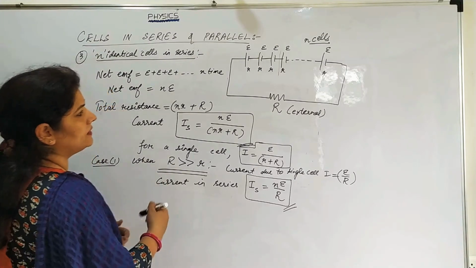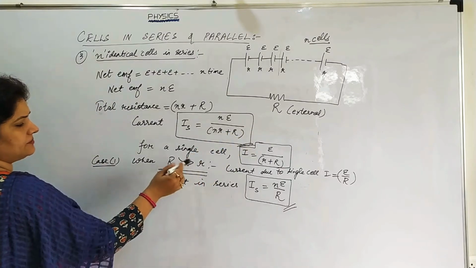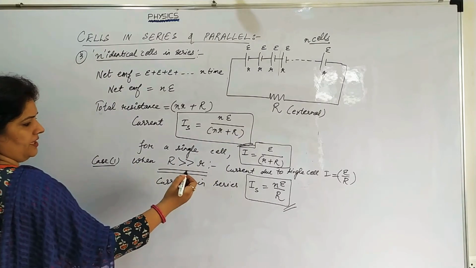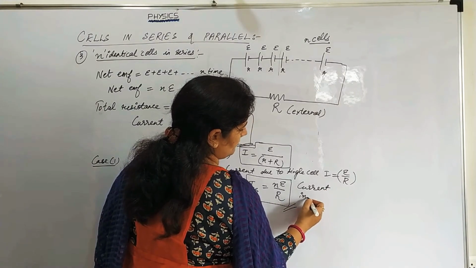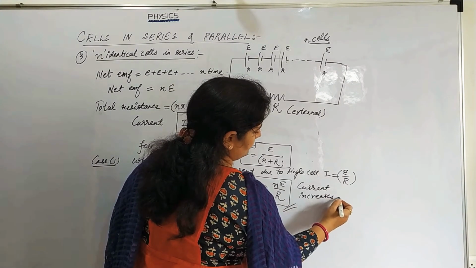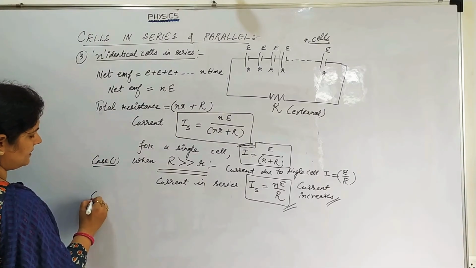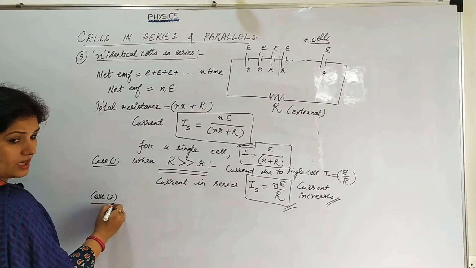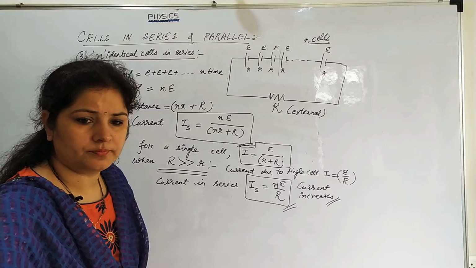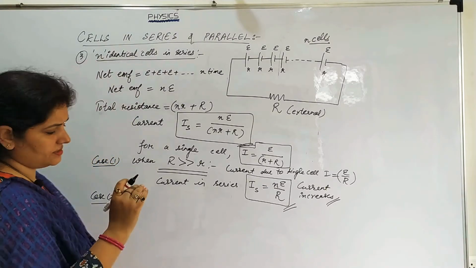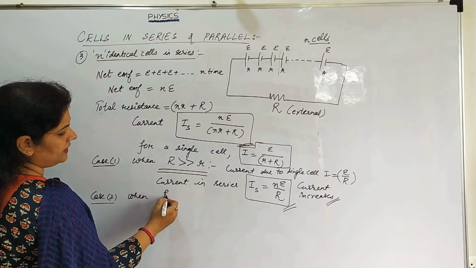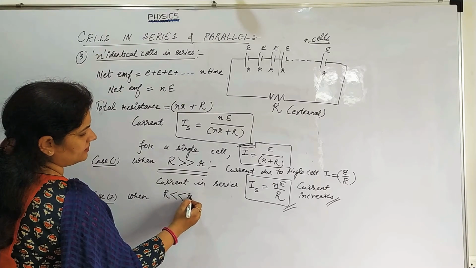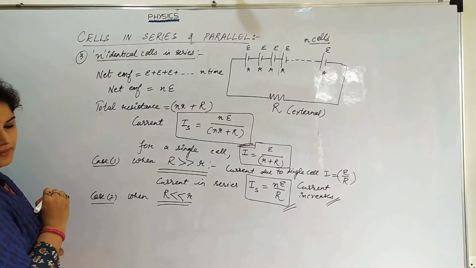The second case is external is less but internal is more. Here we can write: current increases. Second case, case 2. I hope this is visible. Yes, now we are discussing the second case, when capital R is much less than the internal resistance r, right?